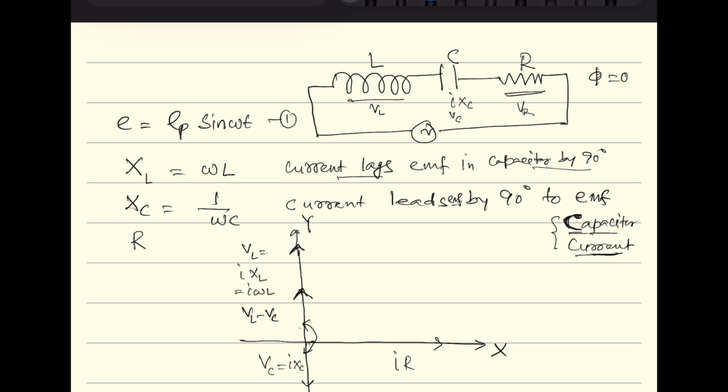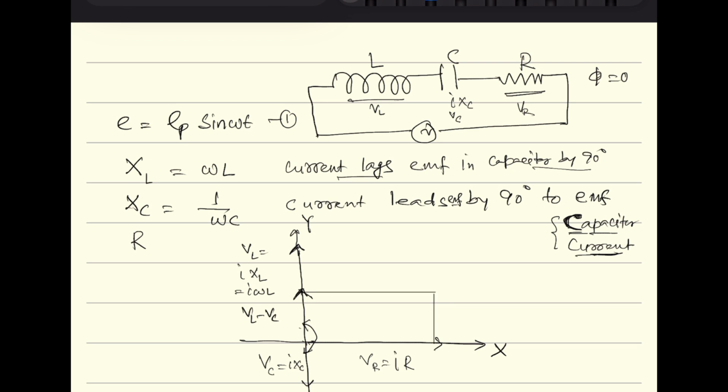Now we have to find the resultant of three vectors. Out of three vectors, two give VL minus VC here. Now this is VR, the potential drop across the resistance. We use the law of parallelogram of vectors, so complete this parallelogram.